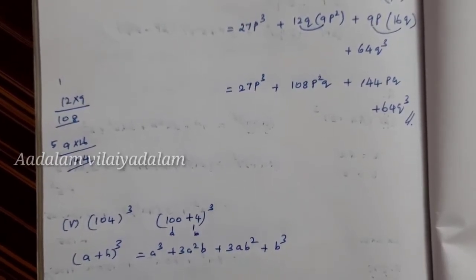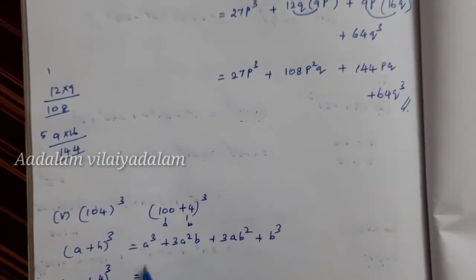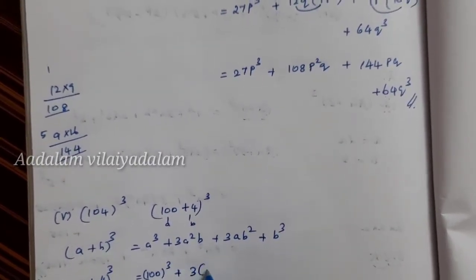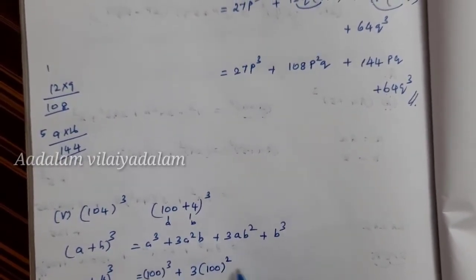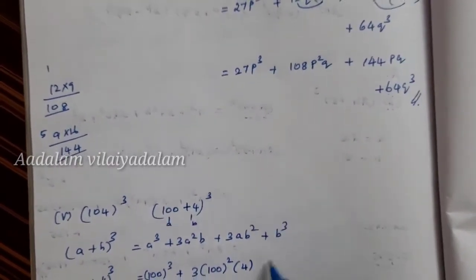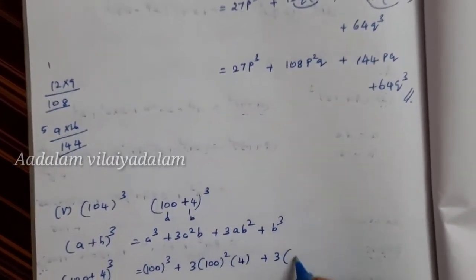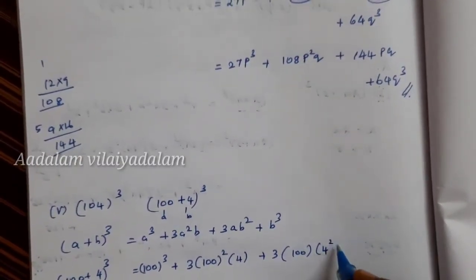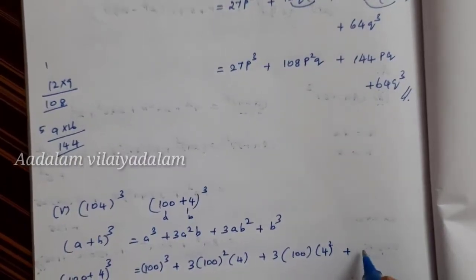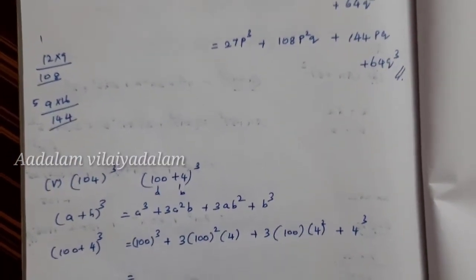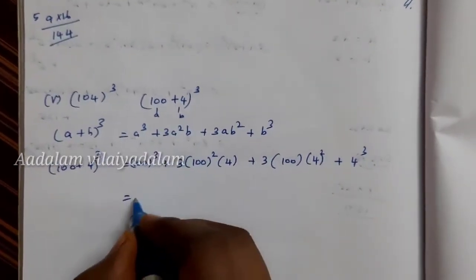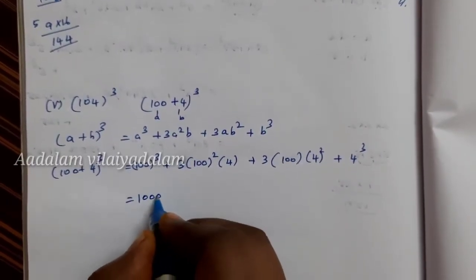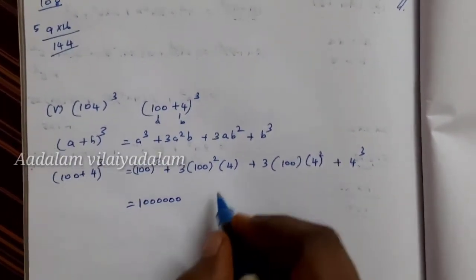Then 100 plus 4 the whole cube we get 100 cube means 100 the whole cube plus 3a square b, 3 into 100 the whole square, b value is 4, and then 3ab square, a value is 100 and b square value is 4 square, then b cube value is 4 cube. So here we get 100 cube means just write the 2 zeros for 3 times, then we get this value.